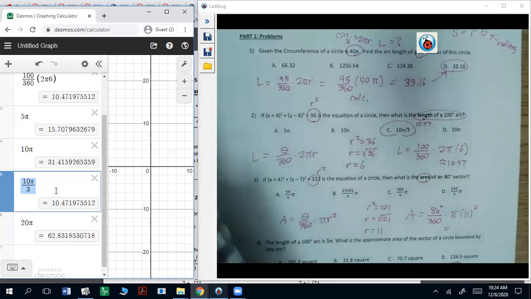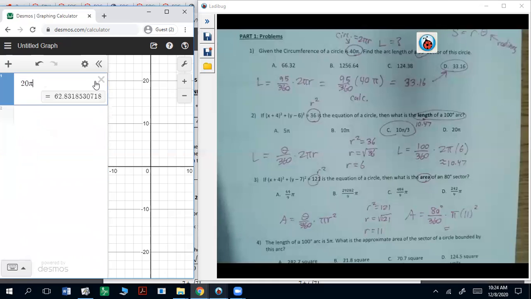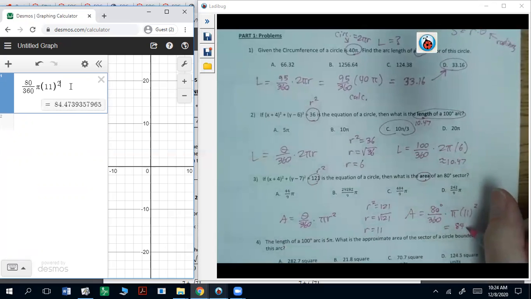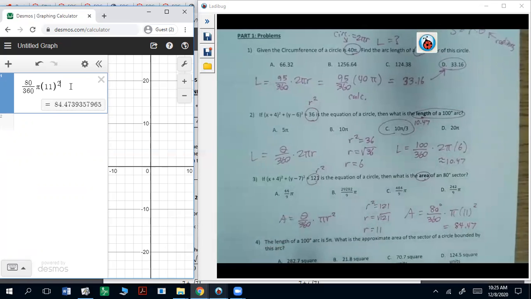And again, we can get that decimal approximation. So 80 over 360 multiplied by pi times 11 squared. That's going to give you about 84.47. And again, we can go back and see which one of these is going to give us the same thing.